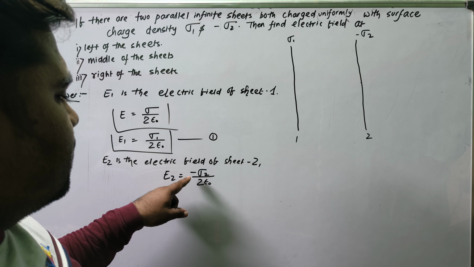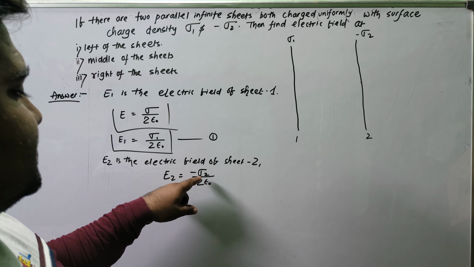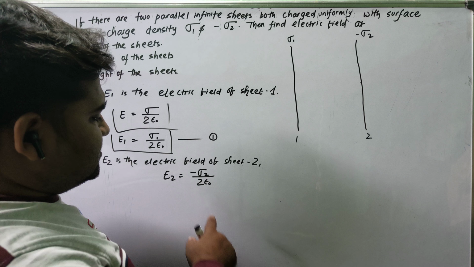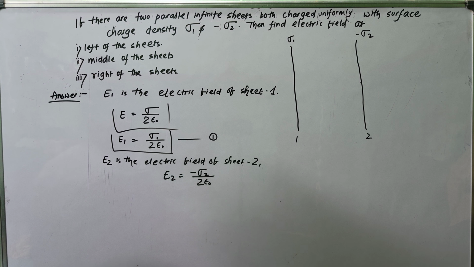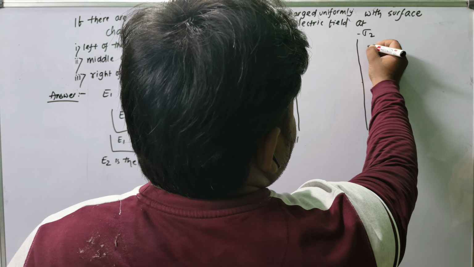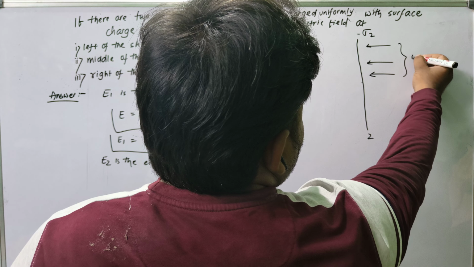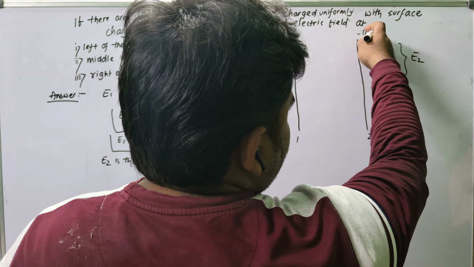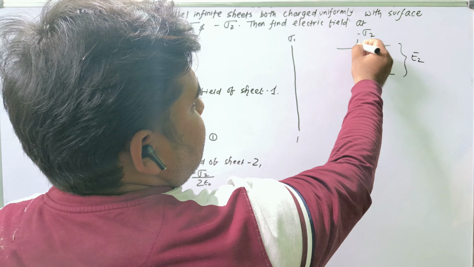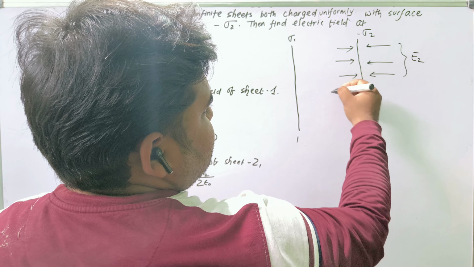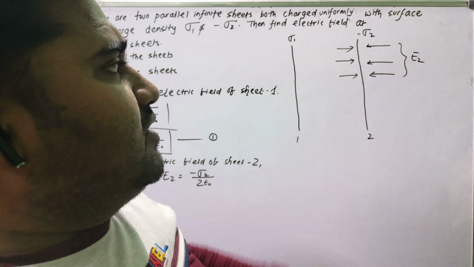We are specifying this symbol to say that this sheet is negatively charged. Since this is negative charge, a minus sign is there, which means the electric field lines are like this for this sheet. This is E2, from this point to this point. I am doing this portion only, and like this and like this. Electric field lines are inward for the negatively charged sheet.